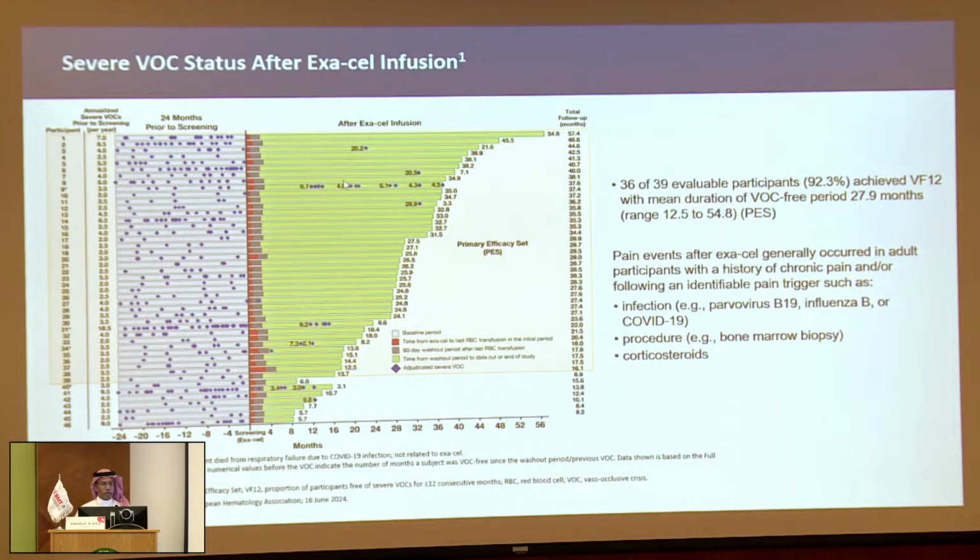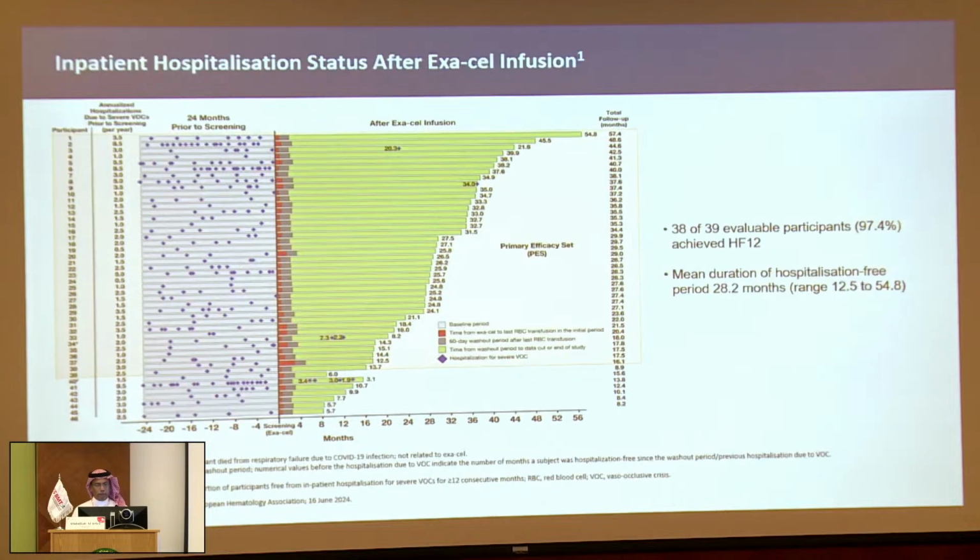The blue diamonds here are patients who developed infections or who had chronic pain and came to get some opioids and left because of their chronic pain. One patient had a bone marrow procedure and developed a painful episode. So these are the complications that were seen, and unfortunately one of the patients developed COVID and died following engraftment.